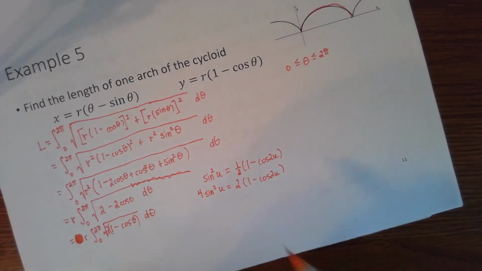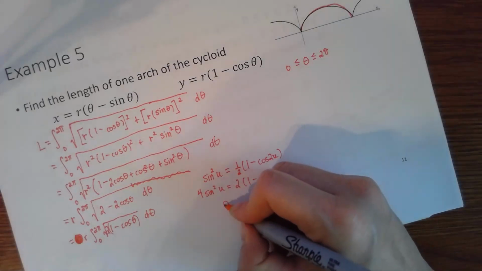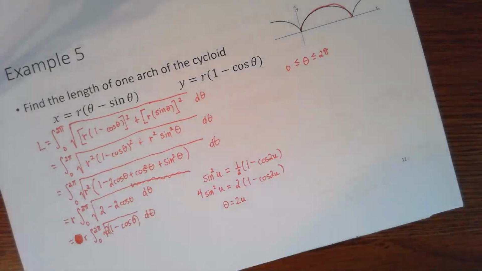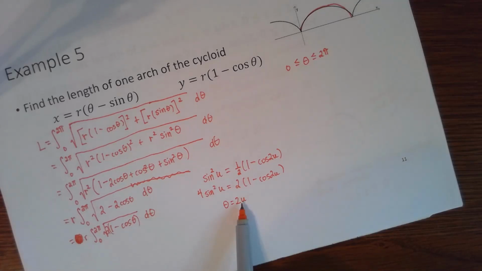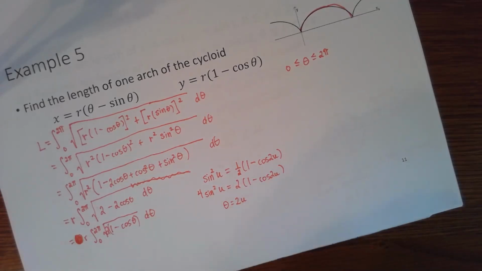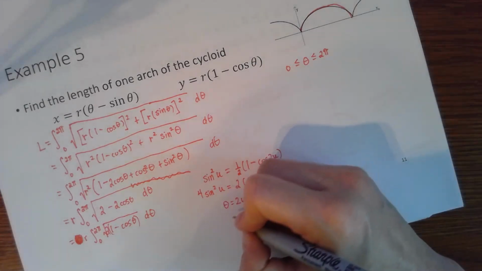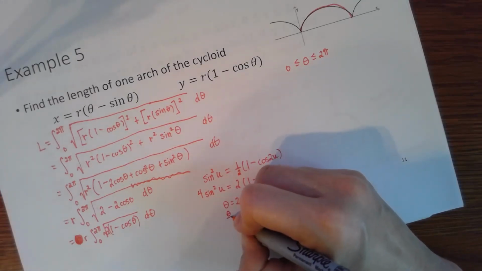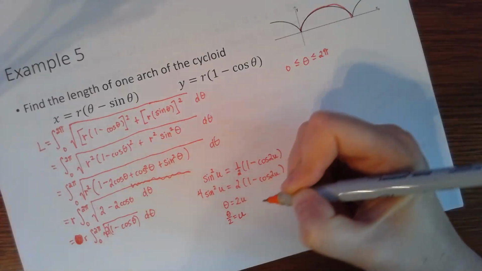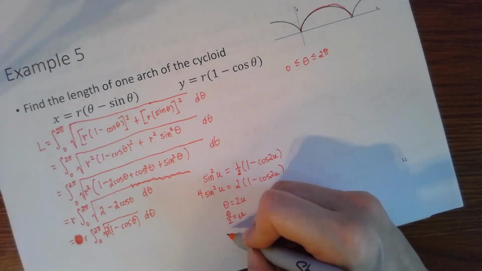Instead of theta, we want that theta to be 2u. So if we do that substitution, theta equals 2u, then we can substitute it with 4 sine squared of u, and it should be fairly easy for us to integrate.